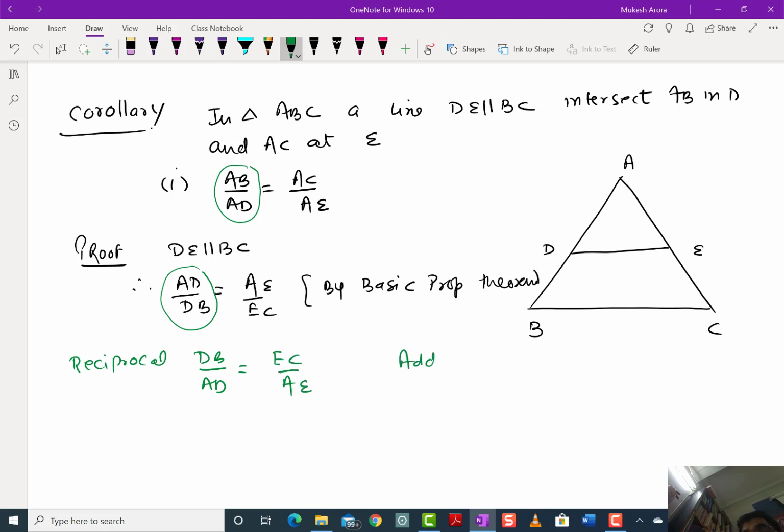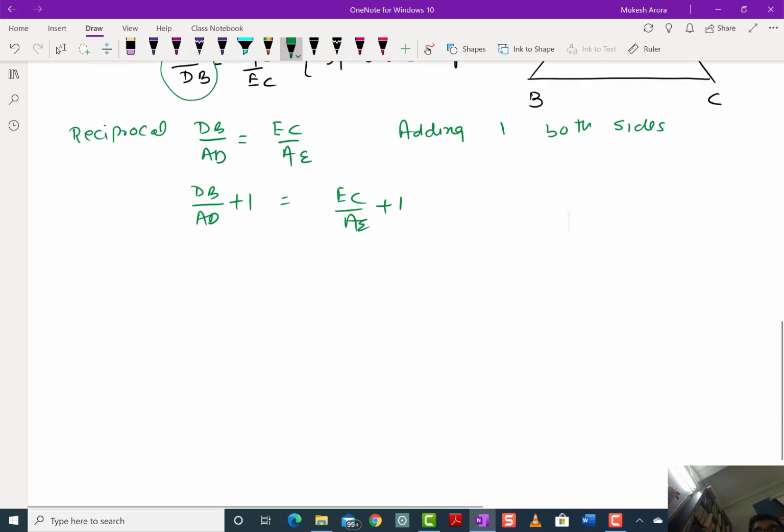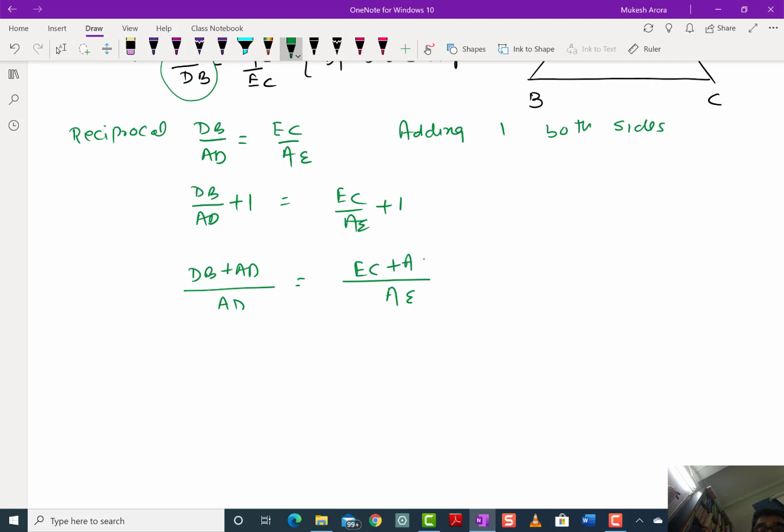Now adding 1 on both sides, it will be DB upon AD plus 1 equals EC upon AE plus 1. When we add to both sides, it hardly makes any difference. DB plus AD upon AD is equal to EC plus AE upon AE.